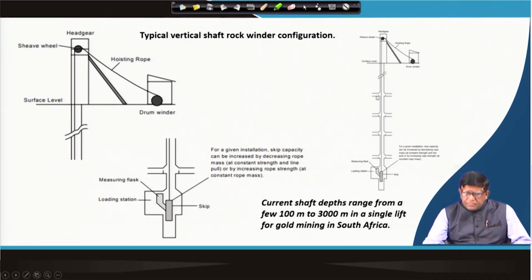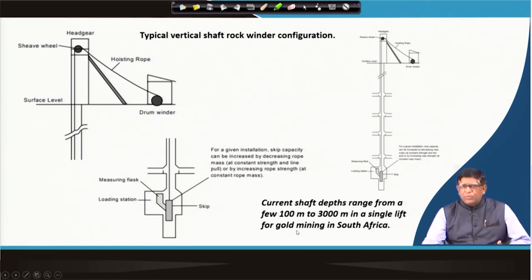Now, the design problem may vary from site to site. In some of our Indian coal mines, we are mainly doing cage winding, and in that cage winding our depth has gone to a maximum of 550 to 600 meters.